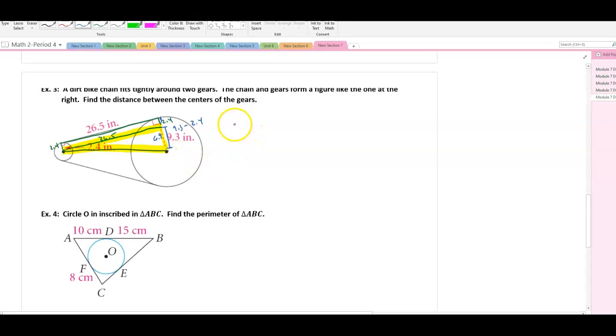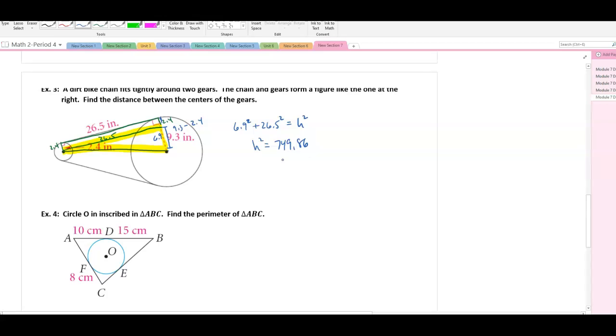So now, in this right triangle, the length I'm looking for is the hypotenuse. I'm going to use the Pythagorean theorem. 6.9 squared plus 26.5 squared equals the hypotenuse squared. So 6.9 squared plus 26.5 squared gives you 749.86.